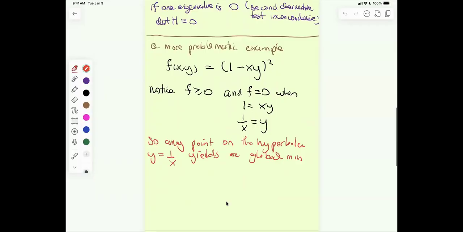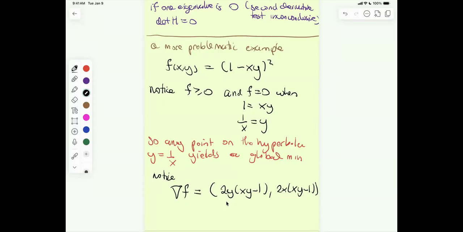If you compute the gradient, it's not a bad calculation to do. But if you look at the gradient, you can see that at a point on the hyperbola it's diagonal to the hyperbola, as you would expect.